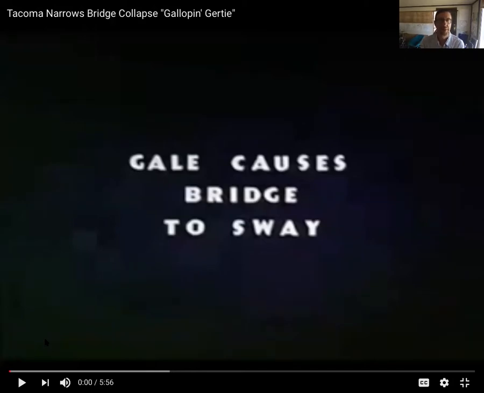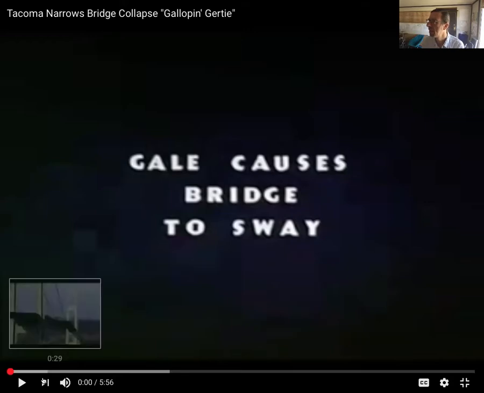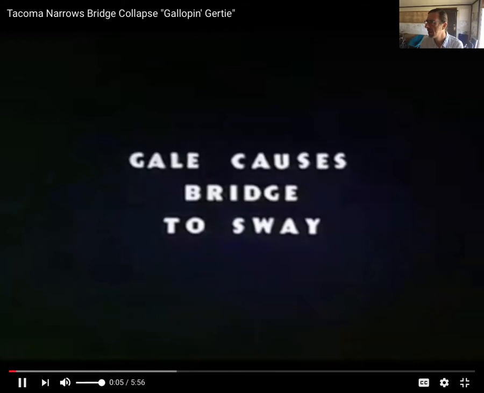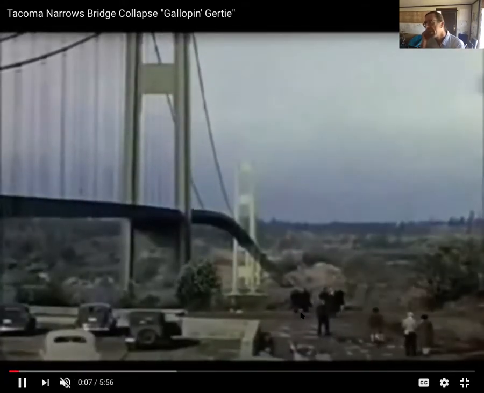Things can cause resonance, which is when you add vibrations to a system. So in this example, you've got this suspension bridge. I'll start playing the video. And what's happening is the wind blew.